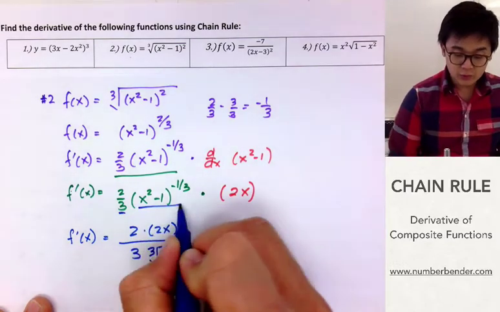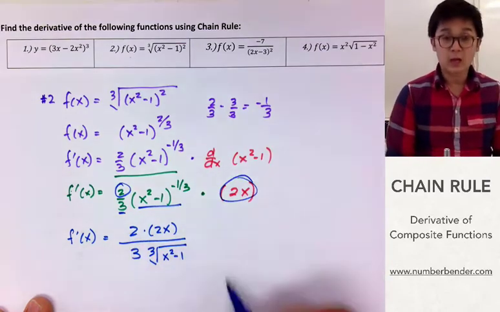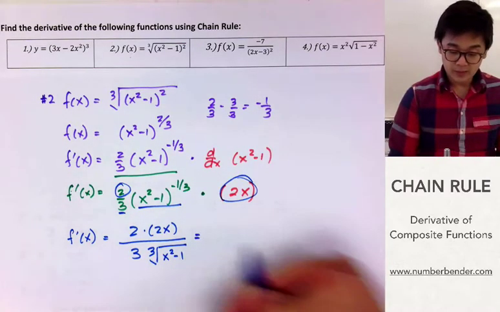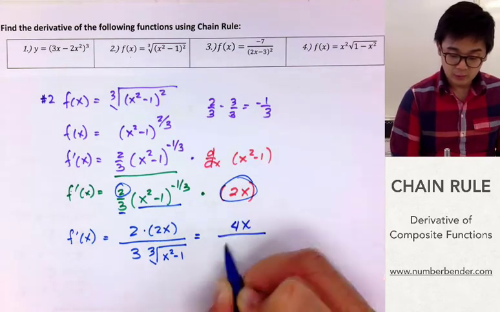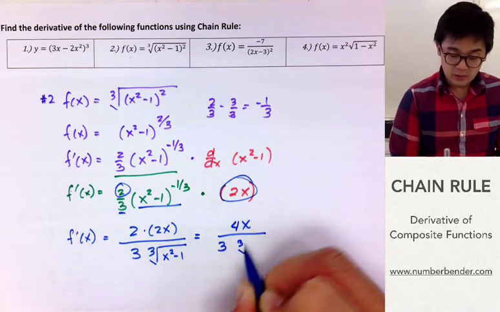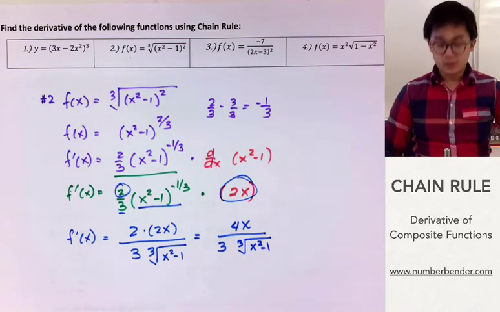So this 2 term right here will be in the denominator, and 2x will be in our numerator. And we can further simplify this into 4x all over 3 times the third root of x squared minus 1. So that's problem number 2.